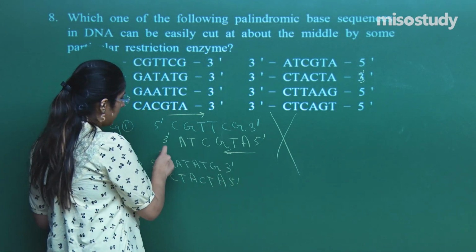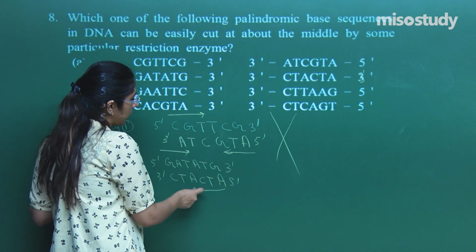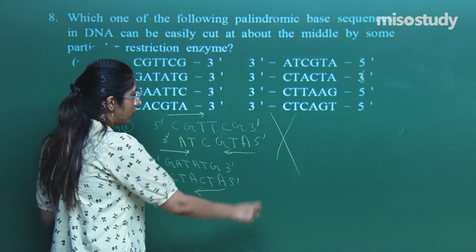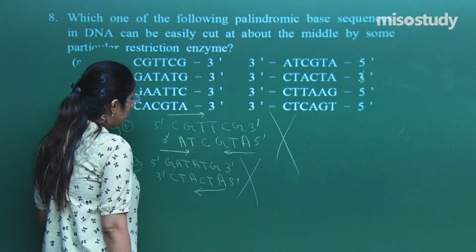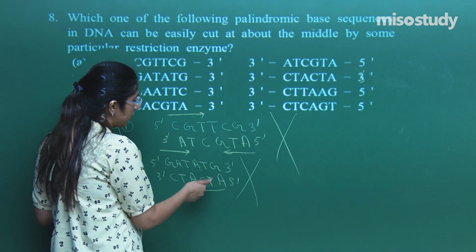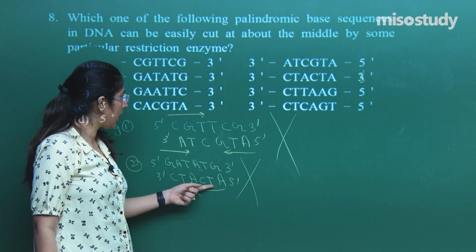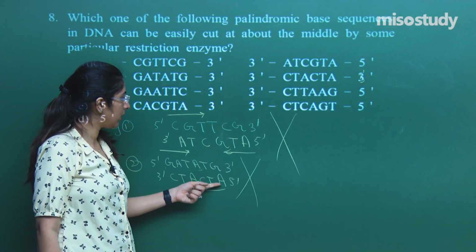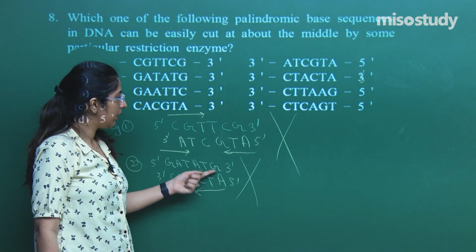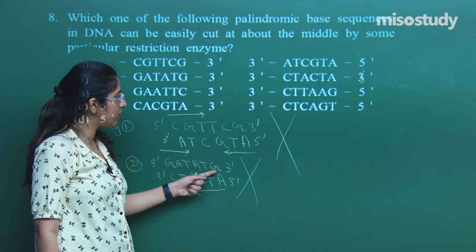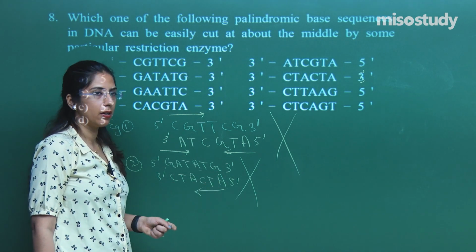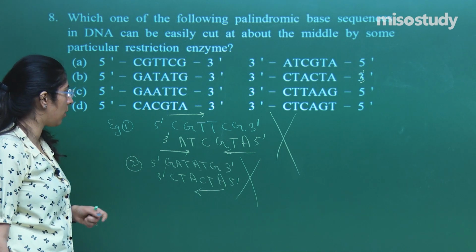Now tell me, are these palindromic sequences or not? No, these are also not palindromic sequences, because when I read from this frame or this frame, they come out different. There has to be G over here and A over here, and you can easily correlate because the complementary base of G should be C over here, right? So this is a wrong option.